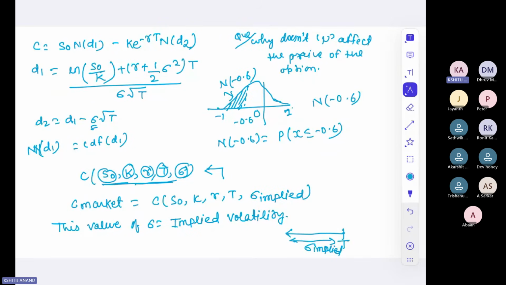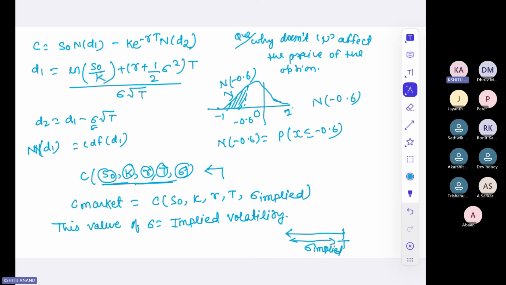The answer is that sigma obviously is the current volatility. But since you are finding it from the market price of the call option, what does this price of the call option signify?